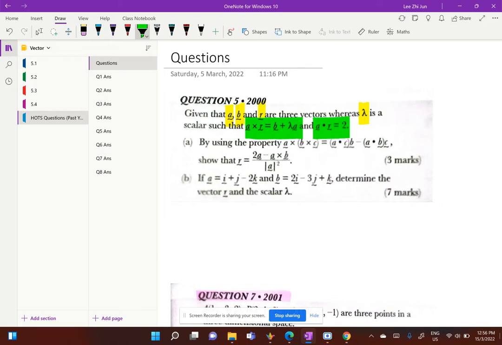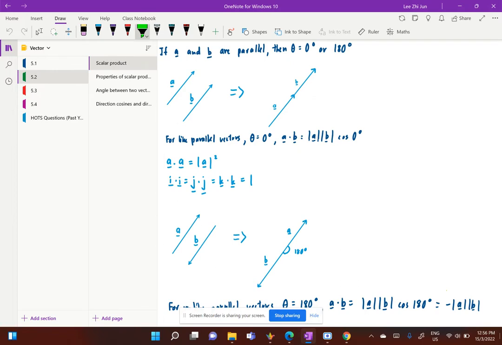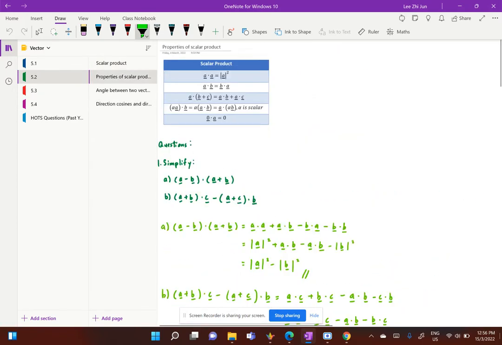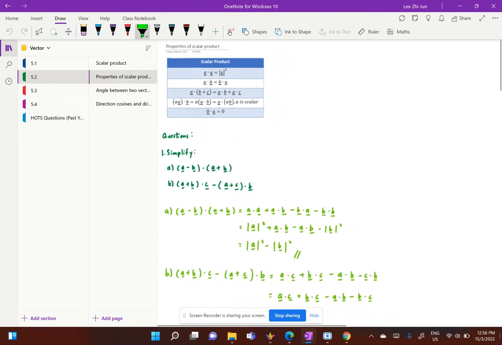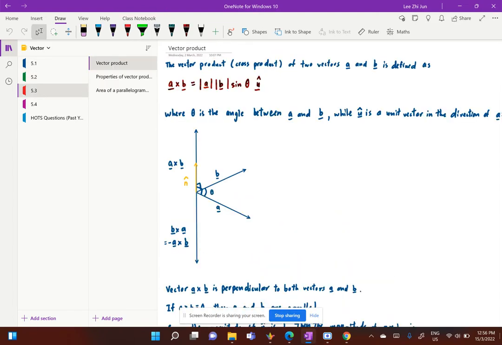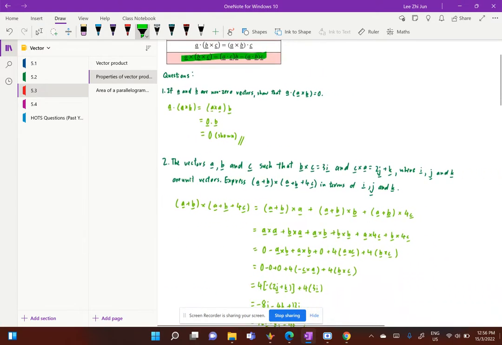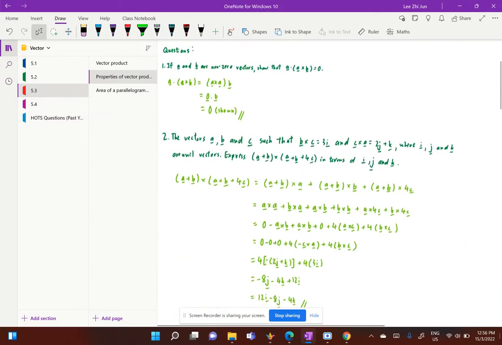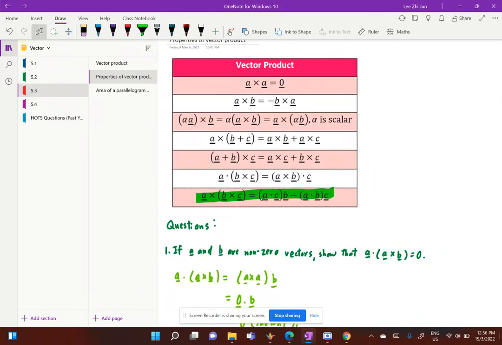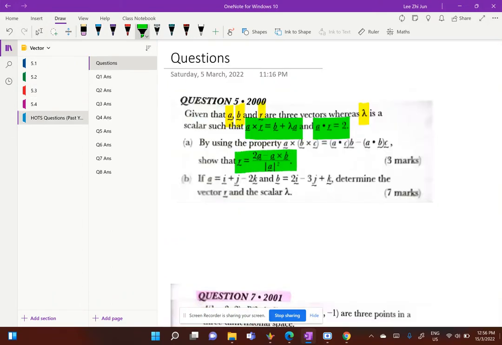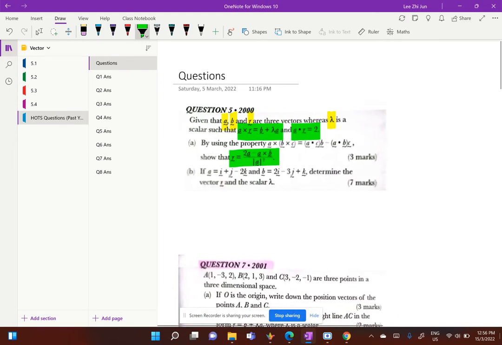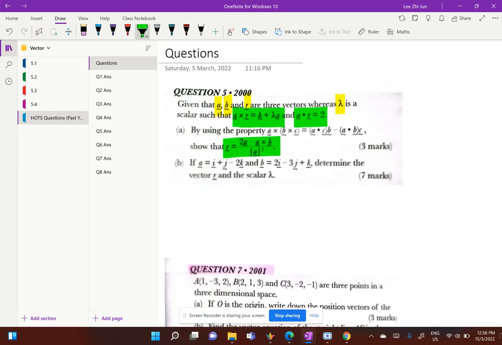By using the properties of the vector product, show that R equals this. And B, determine the vector R and the scalar lambda. Okay, let's go.